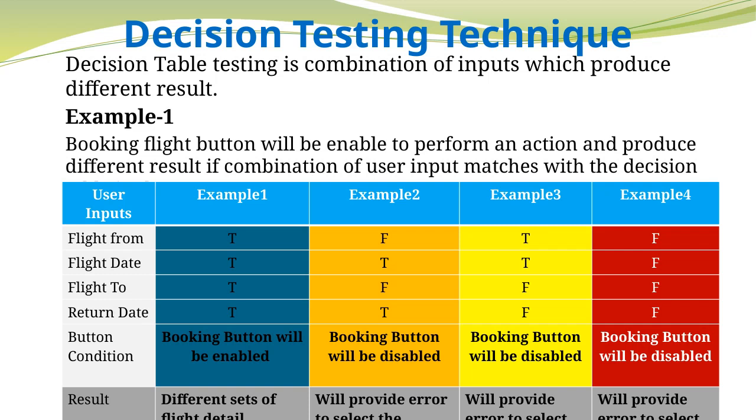If all these inputs are present and valid, the booking button becomes active, allowing the user to proceed and view different flight details. However, if any of these inputs are missing or incorrect, the button stays disabled, and the system prompts the user with an error message to correct their selection.